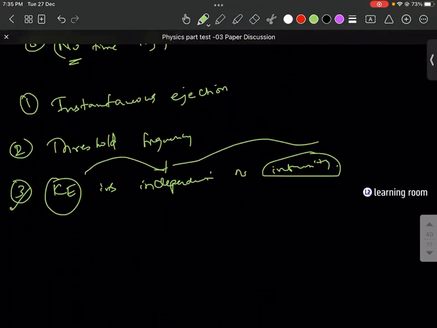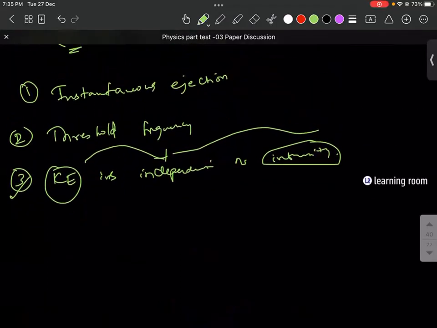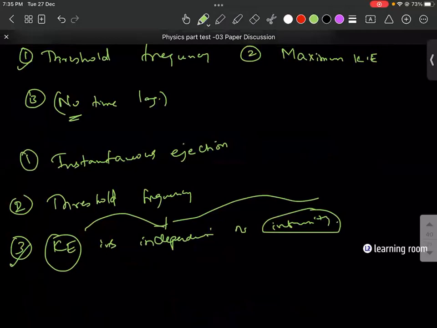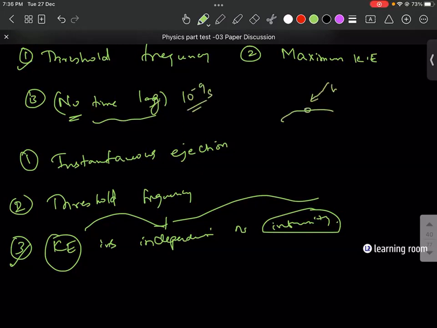Sir, what is the third one under the photoelectric effect? No time lag. It means as soon as the photon hits the metal surface, the electron gets ejected out in less than a nanosecond.